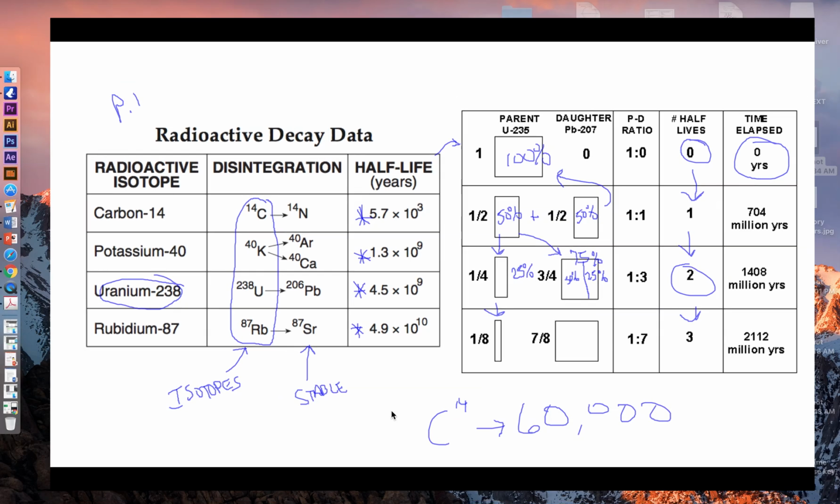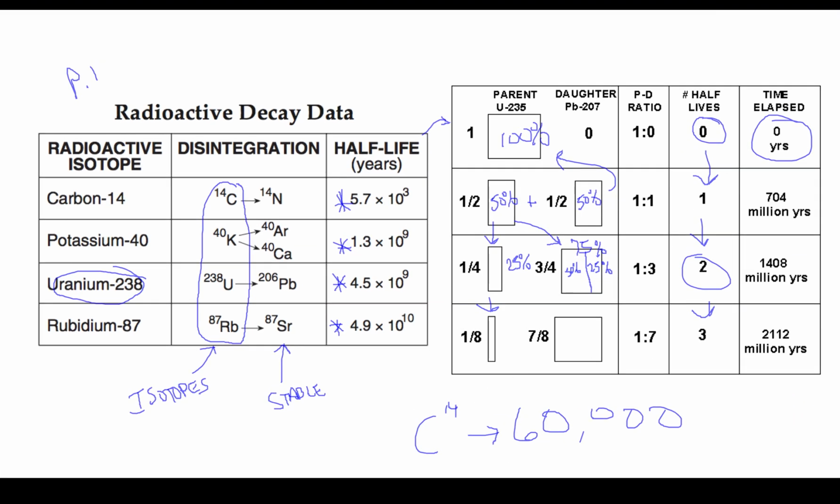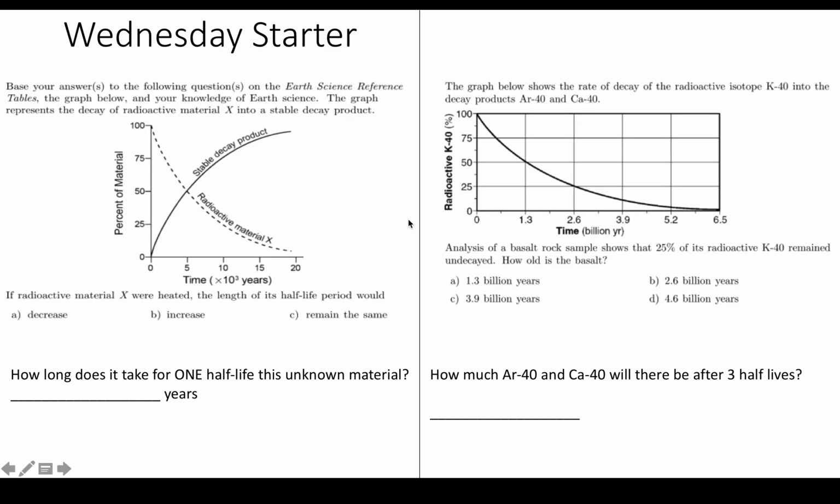So after about 60,000 years, we then need to change into a different isotope. We have only 4 isotopes here that we're going to talk about. There are hundreds of isotopes, and they all have different half-lives in terms of ages. So once one becomes too little, once there is not enough of one type of isotope, we can just change to another.